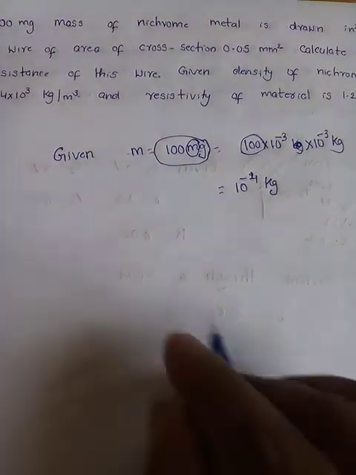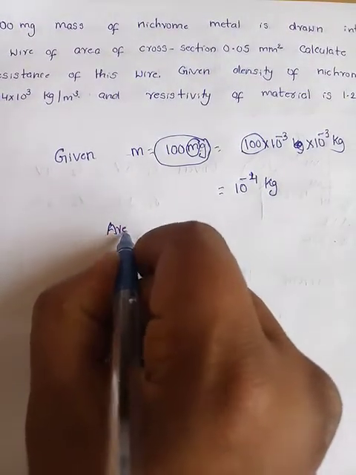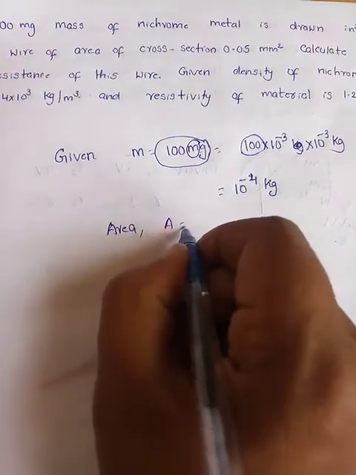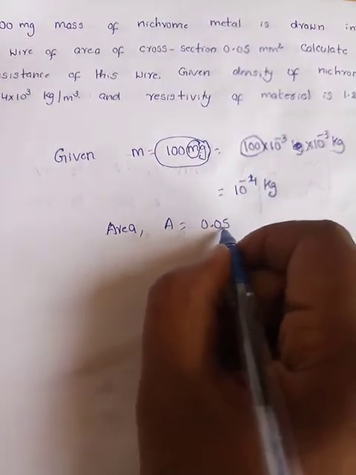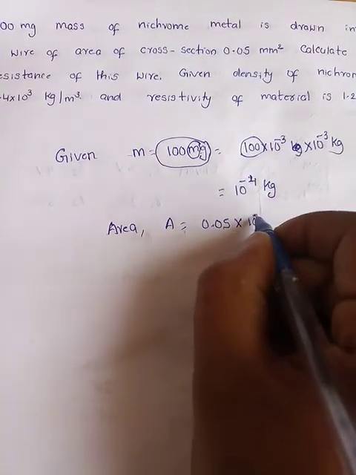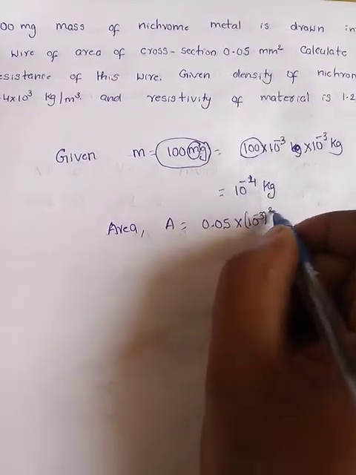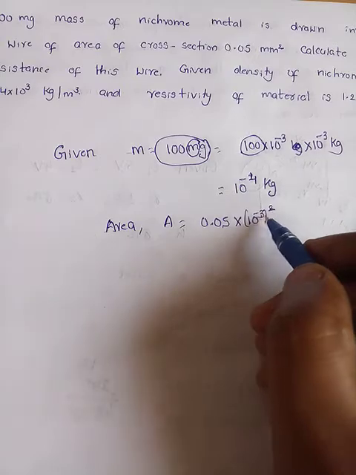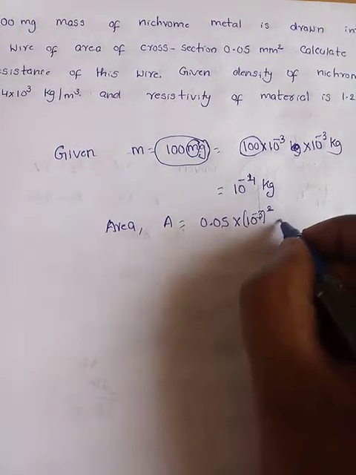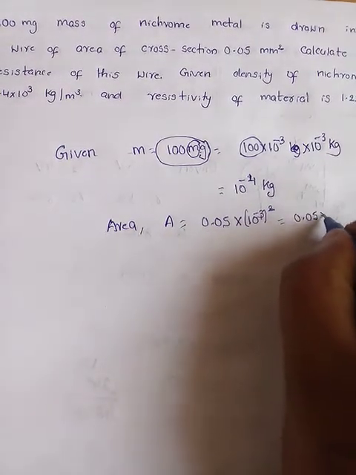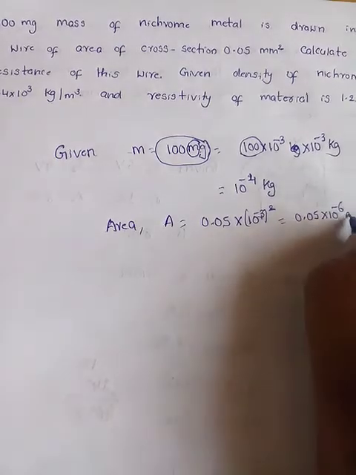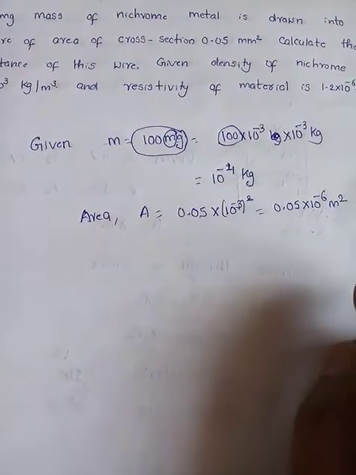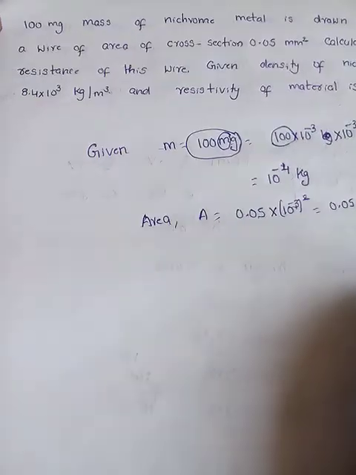Next one, area of cross section. Area A equals, according to the question, 0.05 millimeter square, which means 10 raised to minus 3 whole square. See, most of the students will make a mistake here. It is minus 3 square, so minus 6, not plus 6. So, 0.05 into 10 raised to minus 6 meter square. Next one, what is given again?